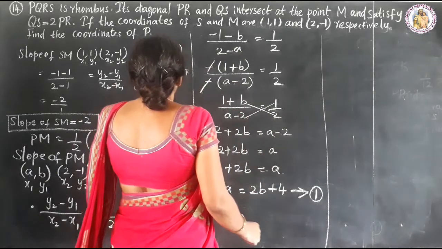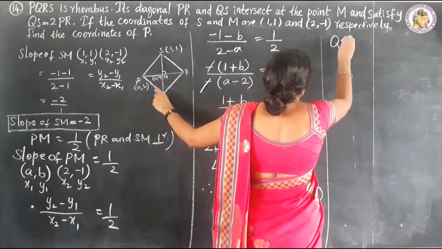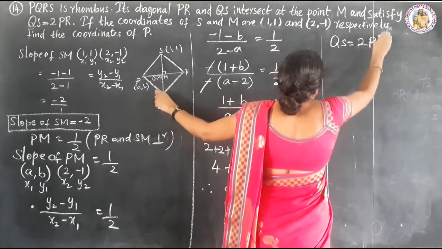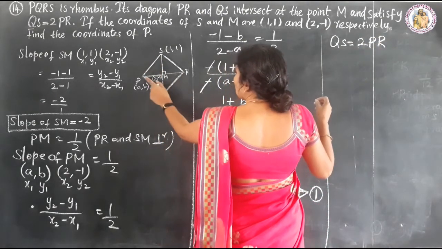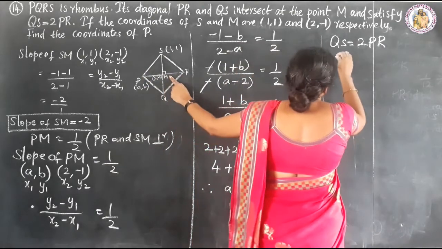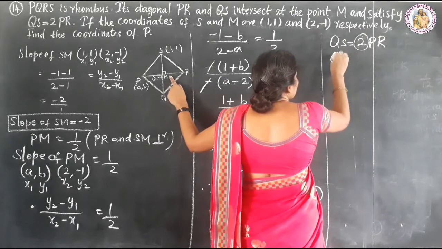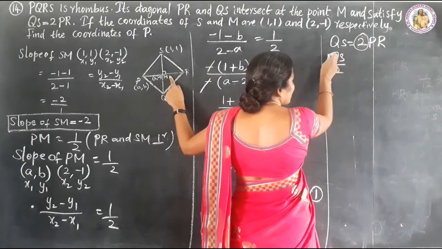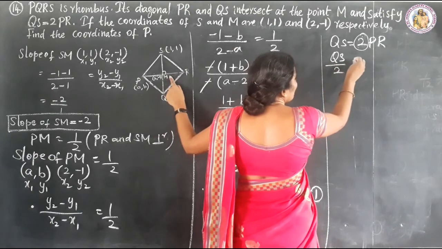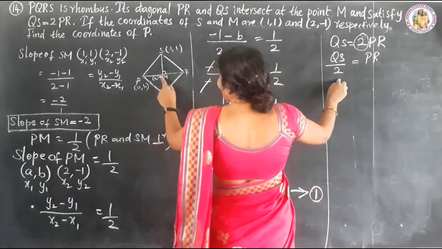And then now here QS is equal to 2PR. So in the next step, QS divided by 2 is equal to PR, as a multiplication it goes to division.